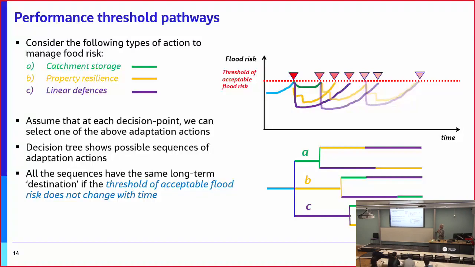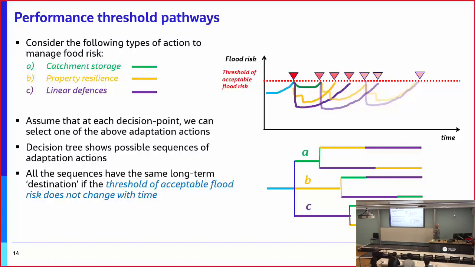And we can simplify the problem by saying, if we treat each of these as alternatives, we can set up a decision tree where we either first invest in catchment storage and then property resilience followed by linear defences. And that's the pathway up at the top.